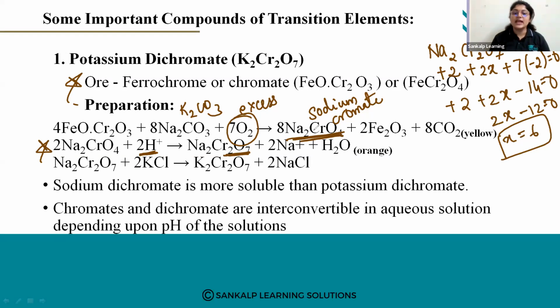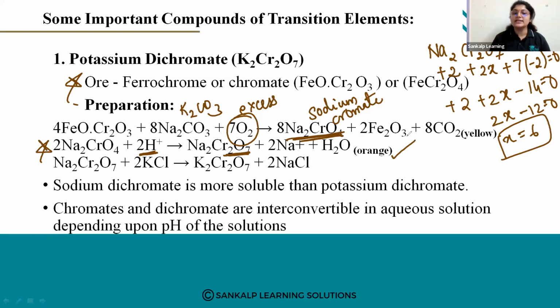Chromium is plus 6. And when you are acidifying the sodium chromate with excess of sulfuric acid, the sodium chromate solution which is obtained is converted to an orange color solution. So in the first step, because of the presence of sodium chromate, the solution turns yellow.